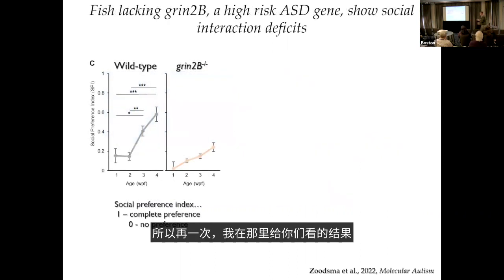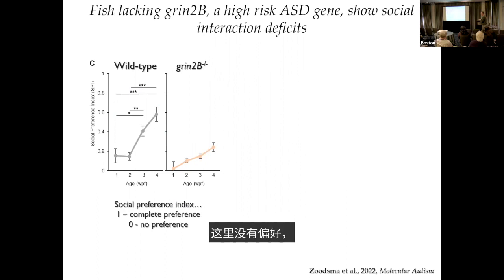So again, that result I showed you there is just replicated here. We're now displaying it using what we call the social preference index. So 0 means there's no preference. 1 means they're spending all their time in zone 4. And you can see with development, there's no preference here, and then the preference starts developing in wild type.